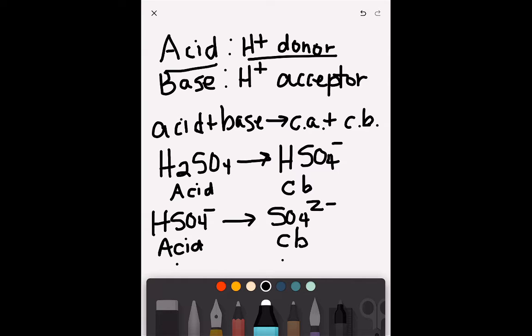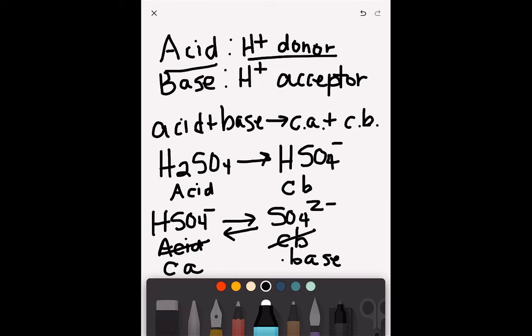Okay, now you could look at this backward as well. You could look at this as, okay, SO4 2 minus can accept a hydrogen ion, and it could become HSO4 minus. If it did that, then it's acting as the base, and when it accepts that hydrogen ion, this is our conjugate acid. So it just depends upon which direction you're looking. The same thing here.